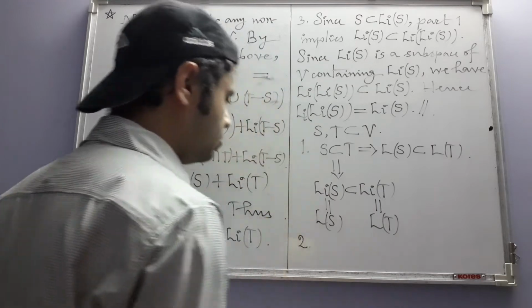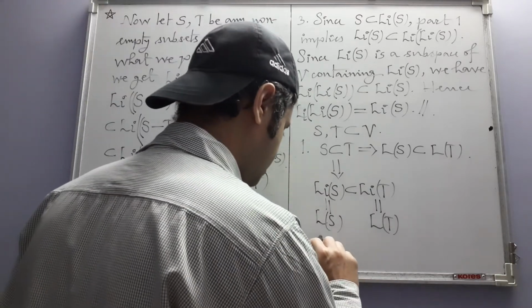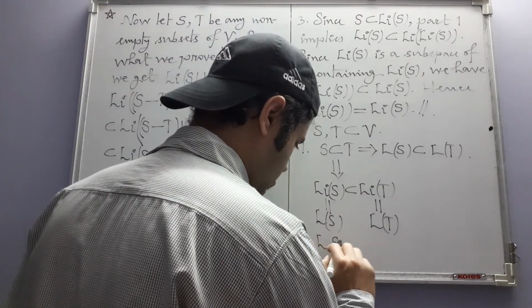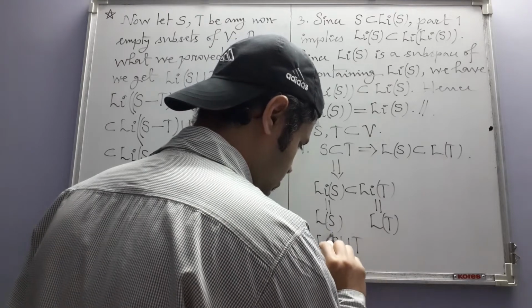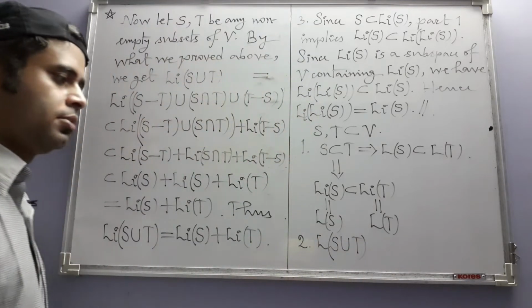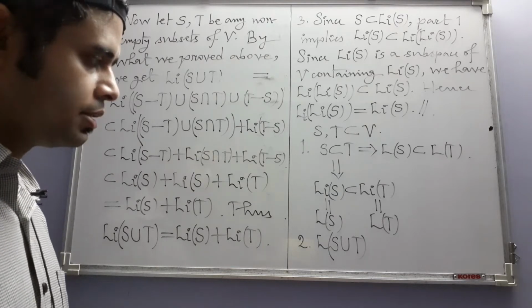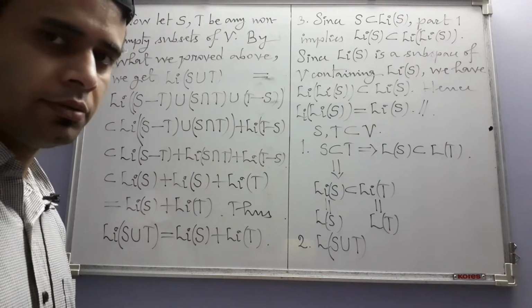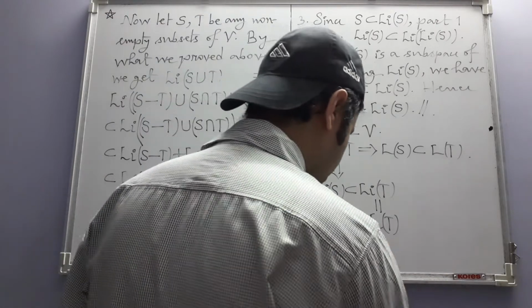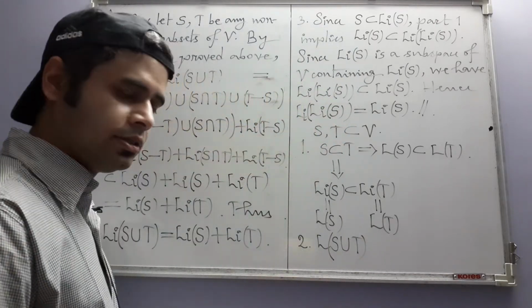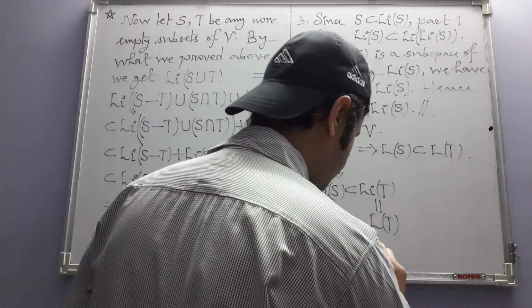In part two, we consider L of S union T. We have to prove that this is L of S plus L of T. Because S and T are non-empty, their union is also non-empty.